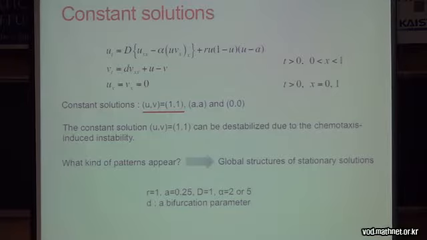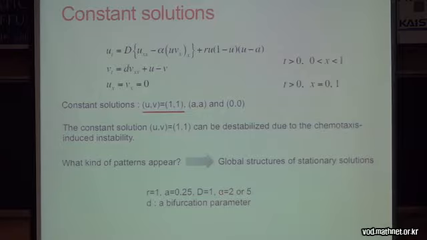In order to know what kind of pattern appears, we investigate the global structure of stationary solutions. From now on we consider the global structure of stationary solutions of this system. To do that, we fix the parameter values: r = 1, a = 0.25, and capital D = 1.